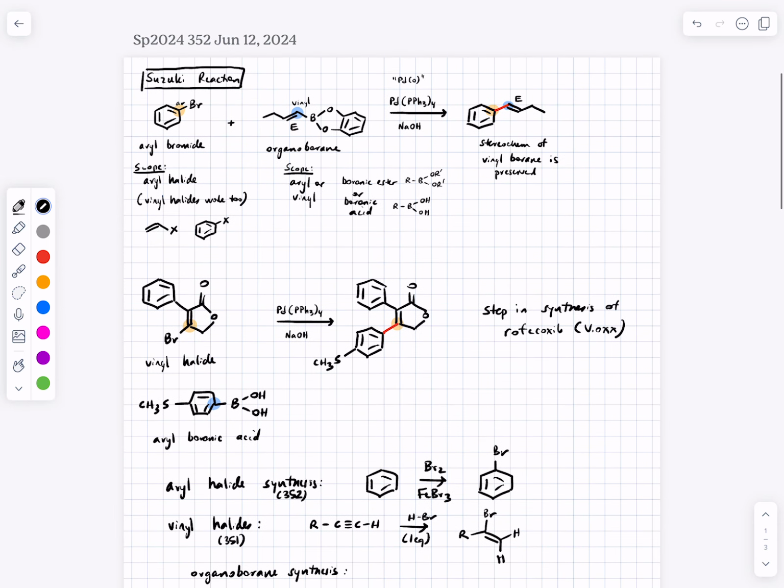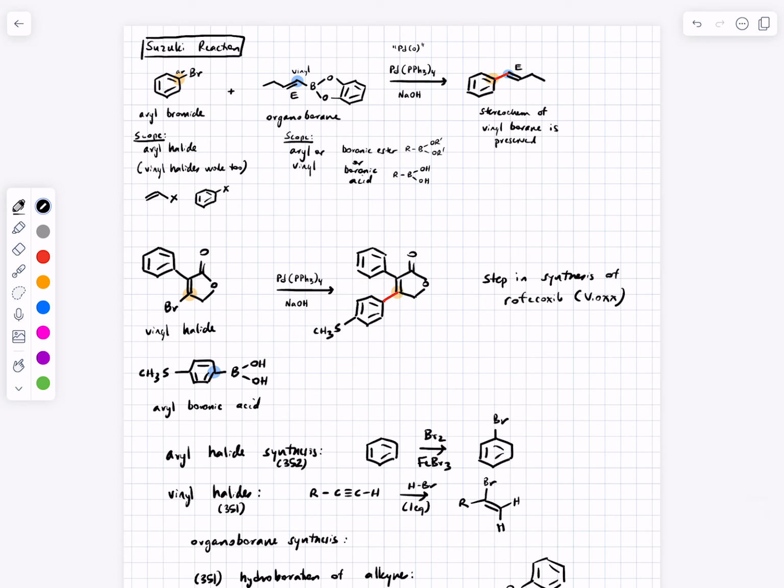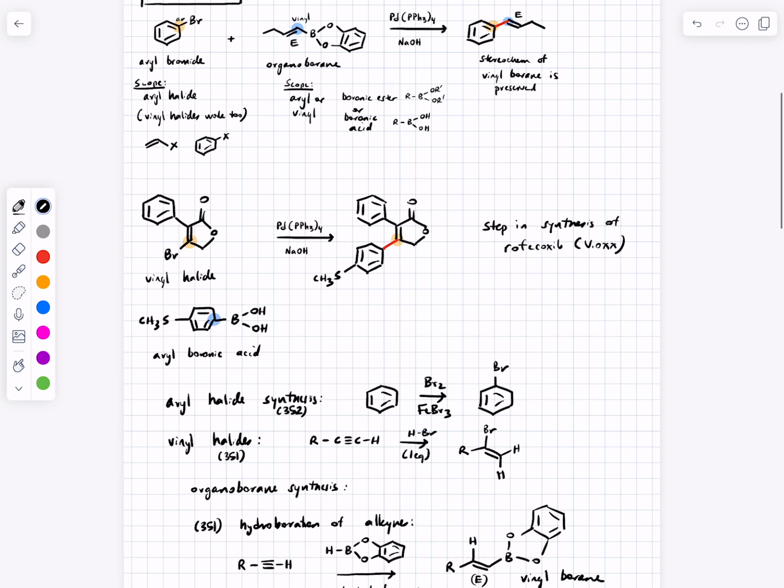So we've talked Suzuki reaction predicting the products. We've talked stereoselectivity issues with stereochemistry of vinyl groups being preserved. We've talked about substrate scope.